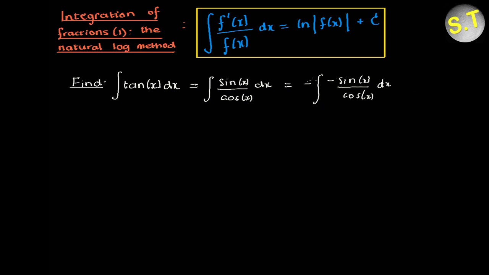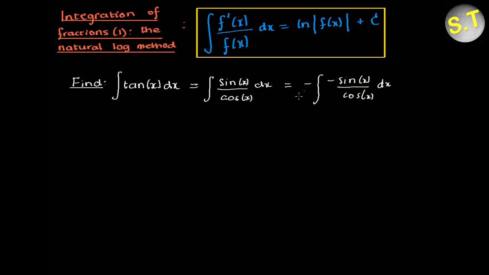And the reason we do this is just to make sure that this equal sign remains true. So minus and minus is a plus, sine of x is equal to minus minus sine of x. And by doing this, we've manipulated the fraction to be in this form as well. So this means that we can directly apply this formula to what we now have.